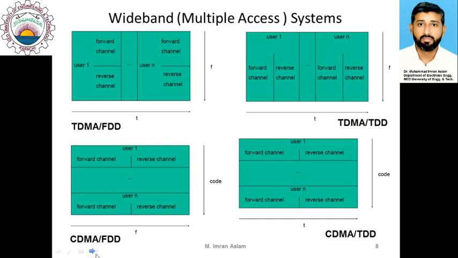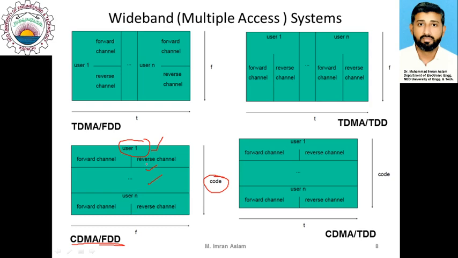For code division multiple access and FDD based systems, if we have code division multiple access but frequency division duplexing, in that case different users are allocated different codes. So this axis now represents code. User 1 would have a specific pseudo random code, user 2 would have another pseudo random code, user 3 would have another pseudo random code, and so on.